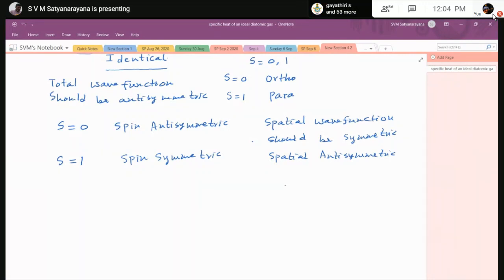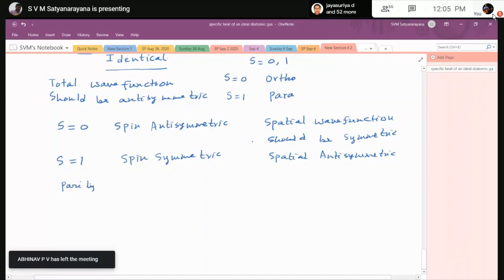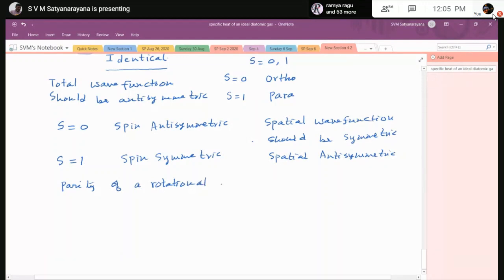rotational state. Now you can see that the parity of the rotational wave function, and I want you to remember that these rotational wave functions are spherical harmonics, is simply (-1) to the power J. So if you want it to be symmetric, then J has to be even.